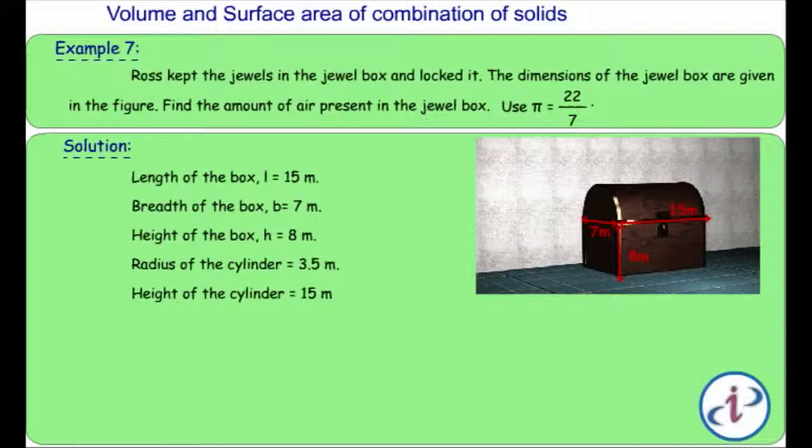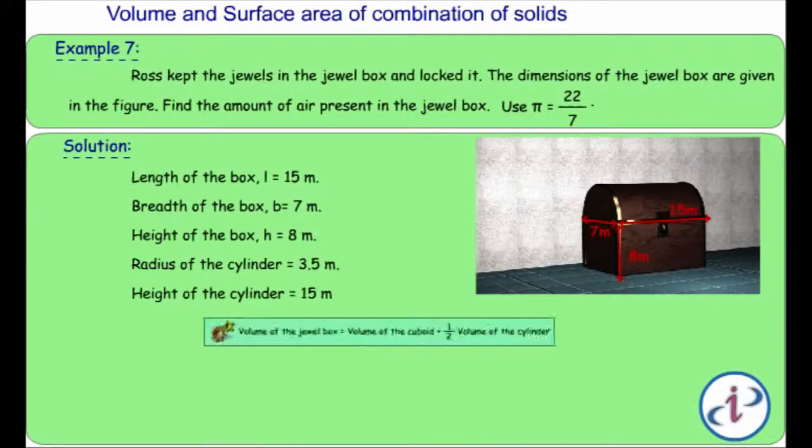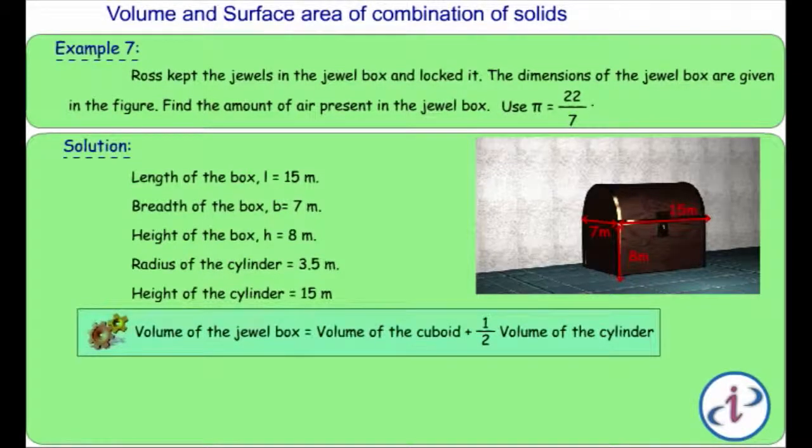We know that the volume of the jewel box is nothing but the summation of the volume of the cuboid and the volume of half the cylinder. Note here that only half of the cylinder is used, so the volume of the cylinder will be half. That is, length times breadth times height plus half times π r² h.